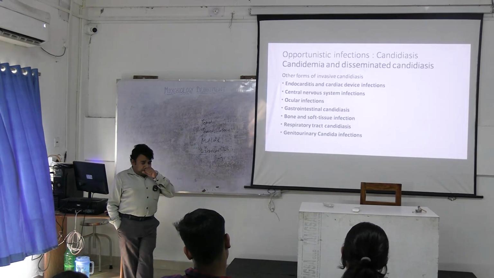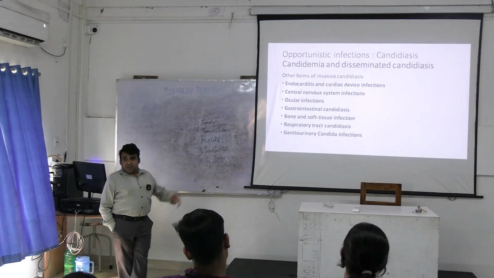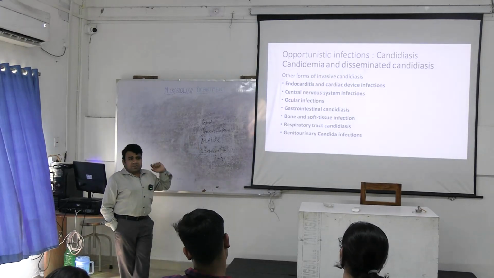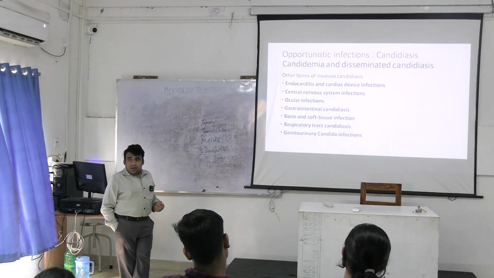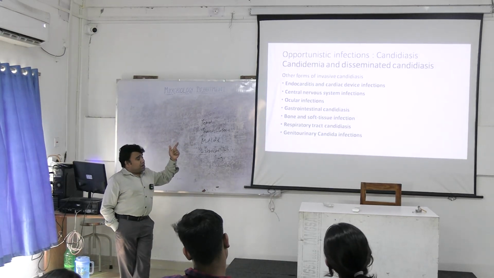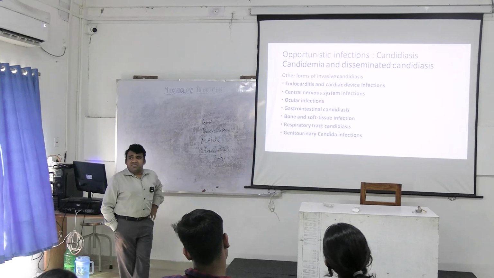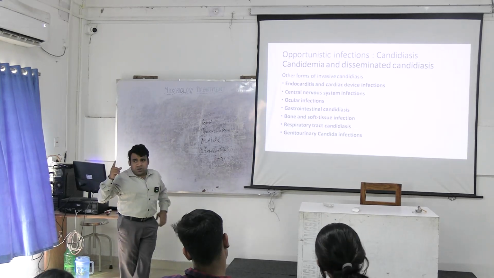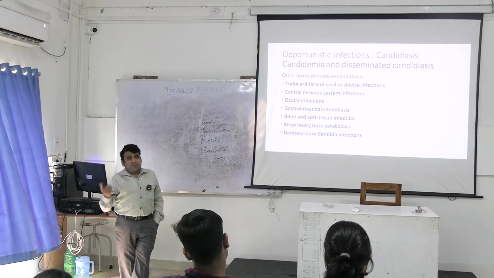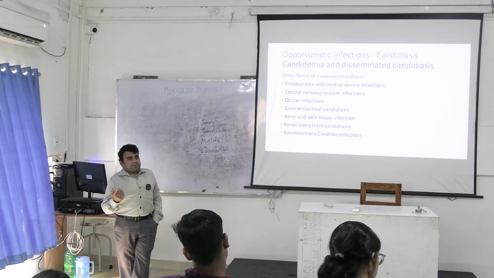Next, depending on the type of the organ system affected, we can classify them in this form, like endocarditis and cardiac device infections. In endocarditis, when you were taught about endocarditis, what will be the source of the organism?